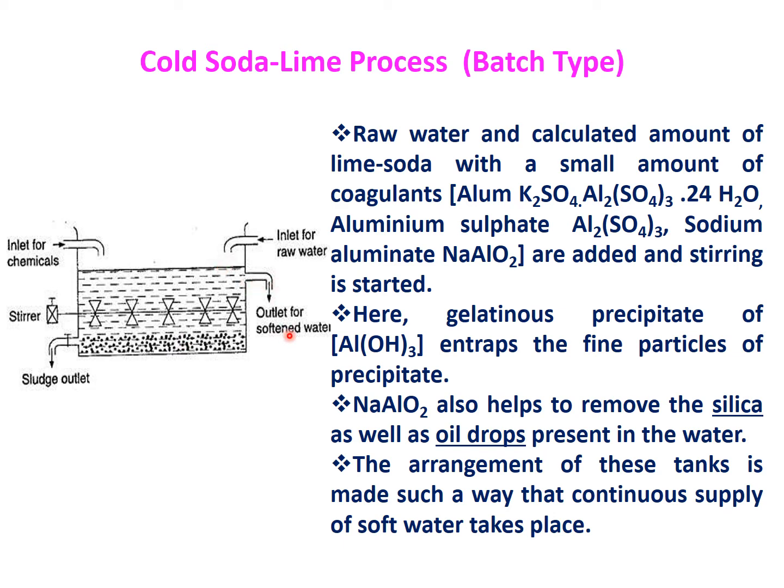and the soft water will come out from here. So in this process, raw water and a calculated amount of soda and lime along with a small amount of coagulants like alum, aluminum sulfate, sodium aluminate are added, and mechanical stirring is started. Here the gelatinous precipitate of aluminum hydroxide entraps the fine particles to precipitate.